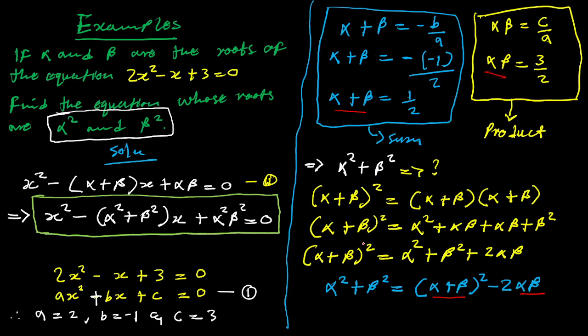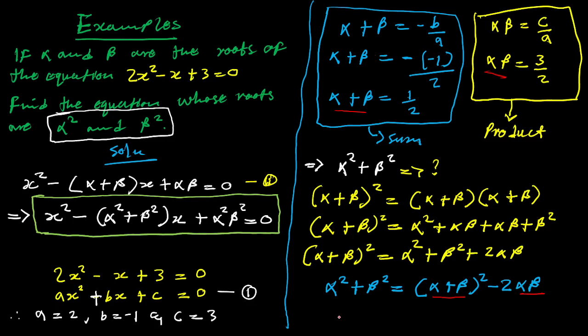Now, listen carefully. We have alpha squared and beta squared. Mostly in the exam, they'll ask you to find alpha squared plus beta squared. So in our next stage, we are now going to find the value of alpha squared plus beta squared.